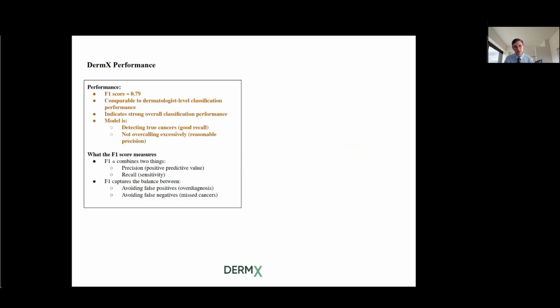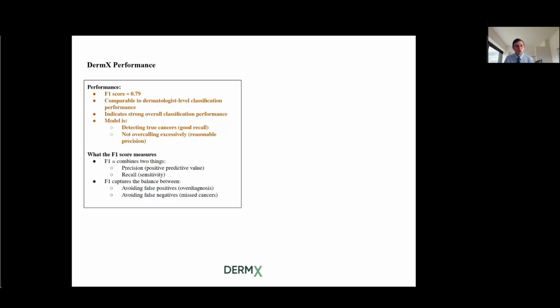The performance is excellent. The F1 score is 0.79, and that's actually comparable to the dermatologist level classification. What does that mean? It indicates a strong overall classification performance, and what it is detecting is truly the disease. It's not necessarily cancers, as I have written here, but it could be any disease that is listed in its diagnosis.